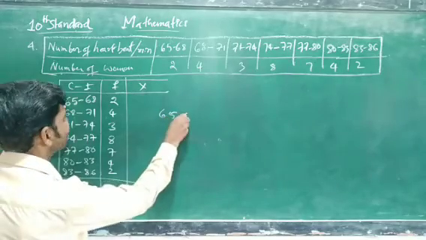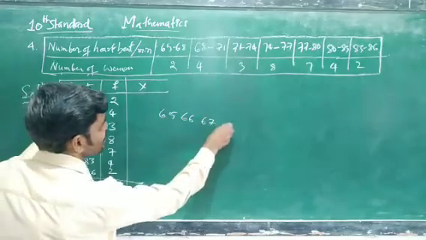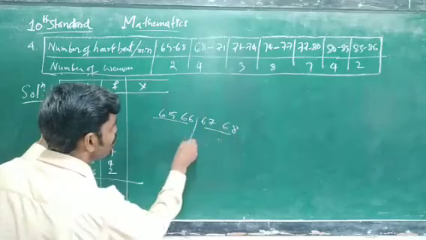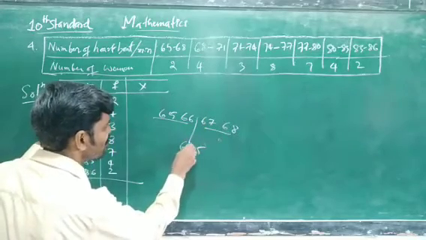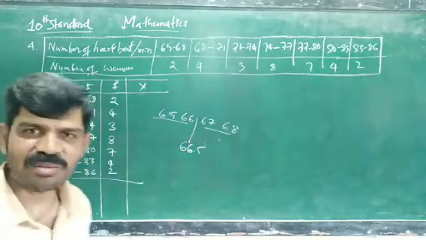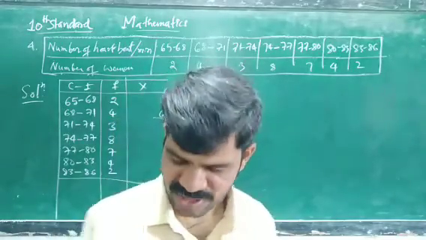65, 66, 67, 68. See, the middle number is 66.5. What is the middle number? That is 66.5.